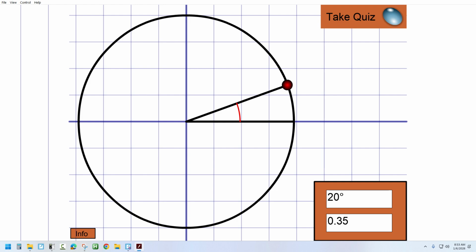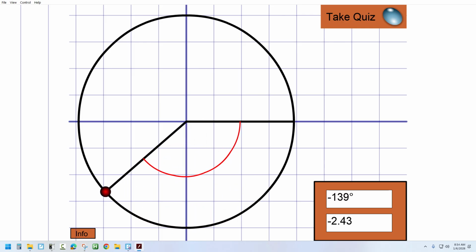Well, if you watch the number, and the number keeps continuing in the pattern that it is right now, what could happen to that number? It could go negative, and it does. So if we keep going past zero in a clockwise direction, we start getting negative angles.